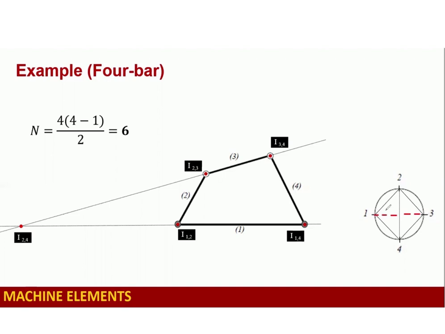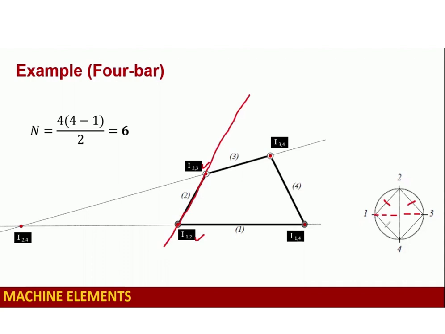The sides of triangle 1, 2, 3 are 1, 2 and 2, 3. So locate the line joining 1, 2 and 2, 3. Just extend the line connecting these two instantaneous centers.